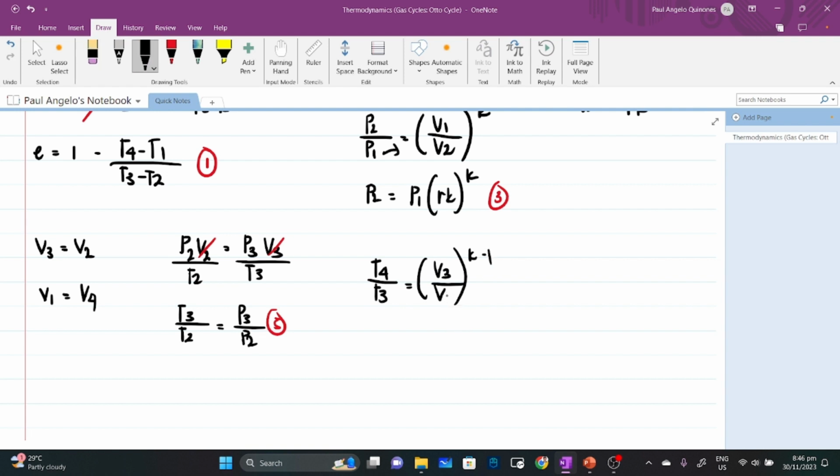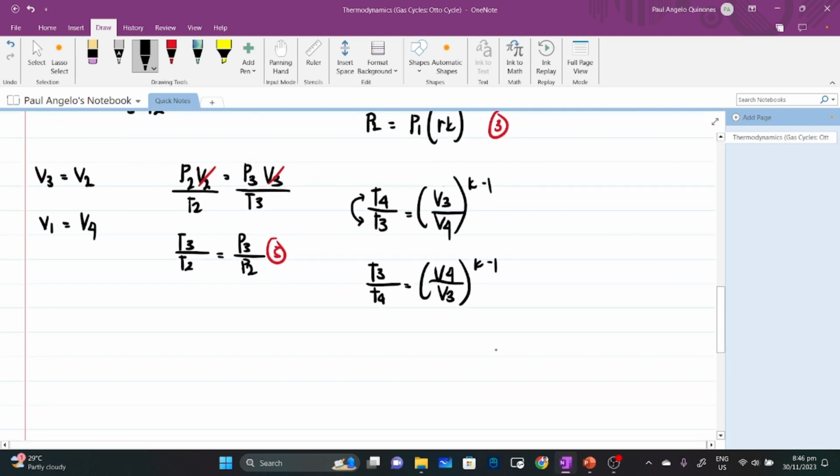If I want to solve for T sub 3 here, what I can do is reciprocate the base of the left side, so I can rewrite this as T3 over T4. However, once I reciprocate the term on the left side, I must also reciprocate the base of the right side, which will lead me to V4 over V3 raised to K minus 1.